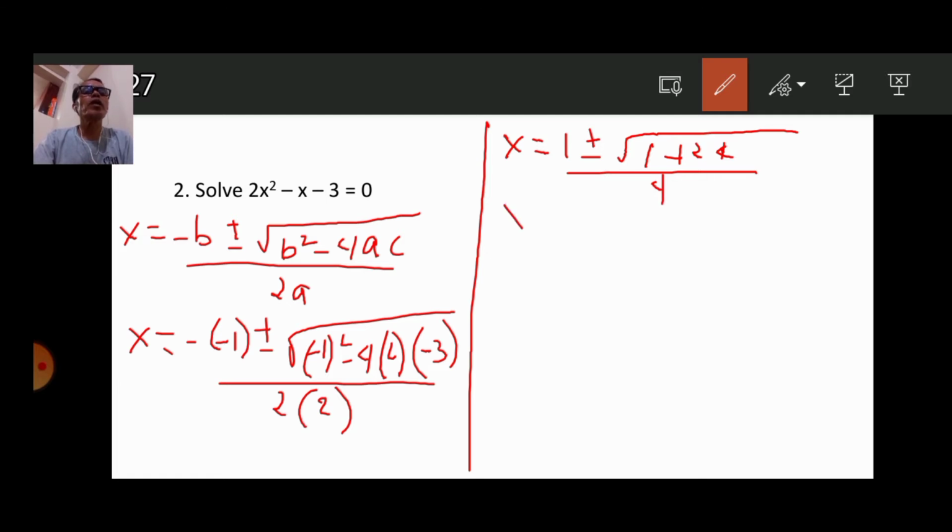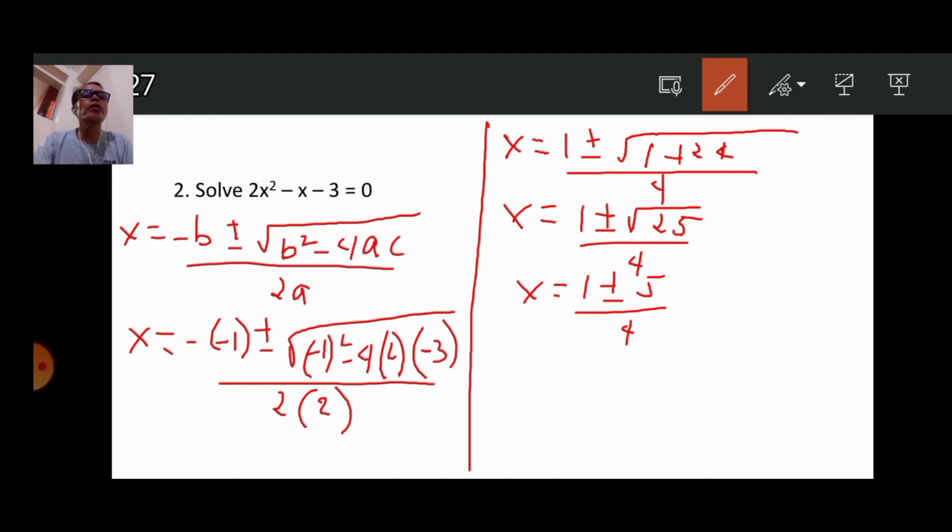So, you will now have x is equal to 1 plus minus the square root of 1 plus 24, which is 25, over 4. So, x is equal to 1 plus minus the square root of 25, which is 5, over 4.